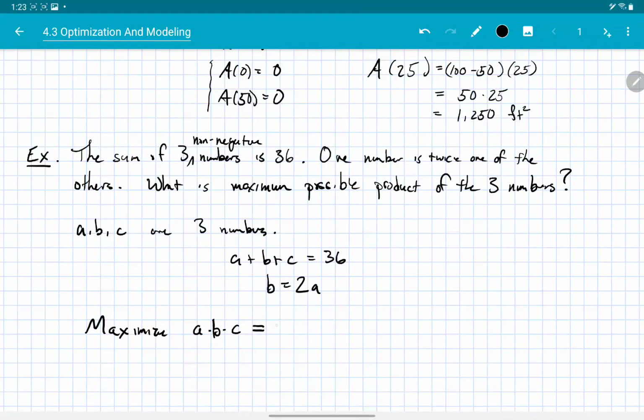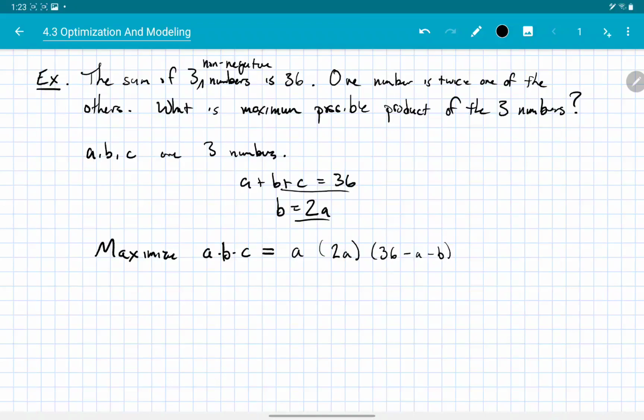Okay. When we do that, we have A. B, we know, is 2A. And C is 36 minus A minus B. So we got that from here. All right? And we got that B is equal to 2A from there. I want to eliminate that final B as well. 36 minus A minus 2A.